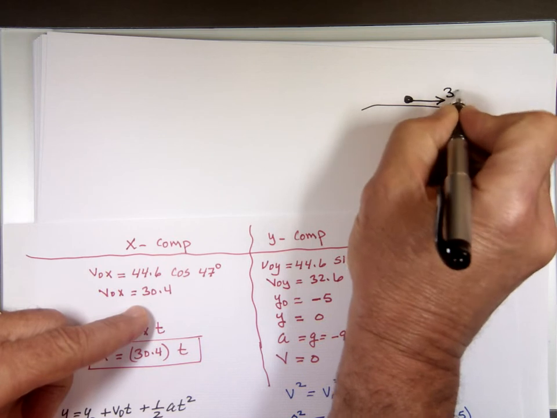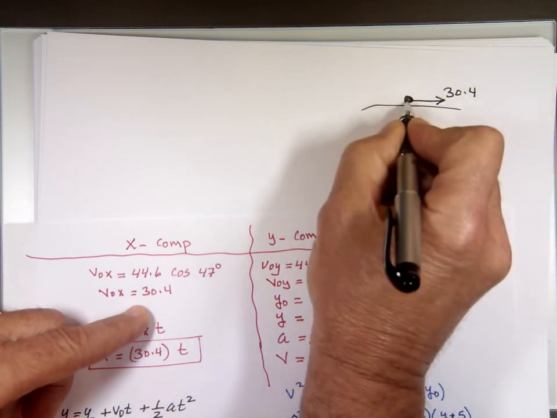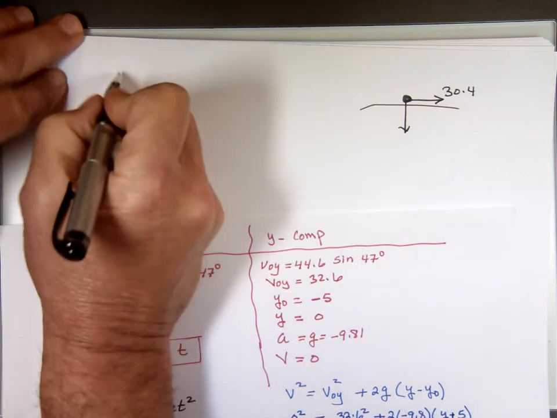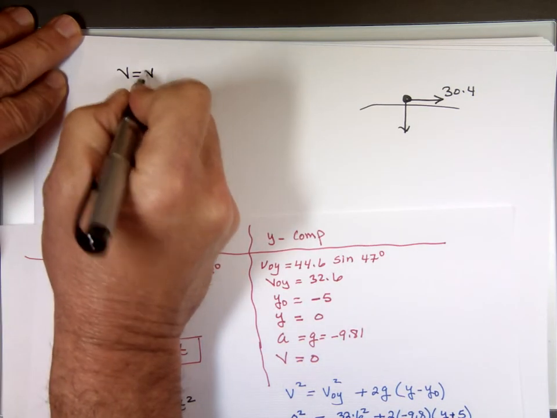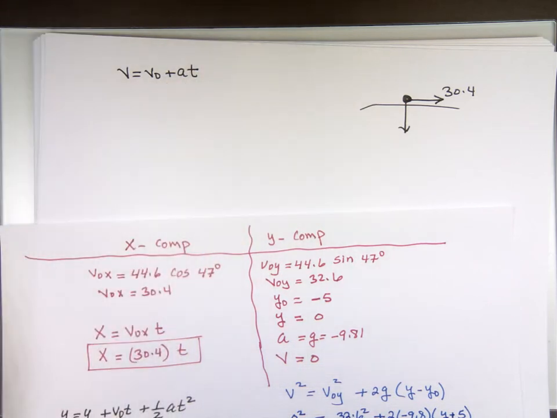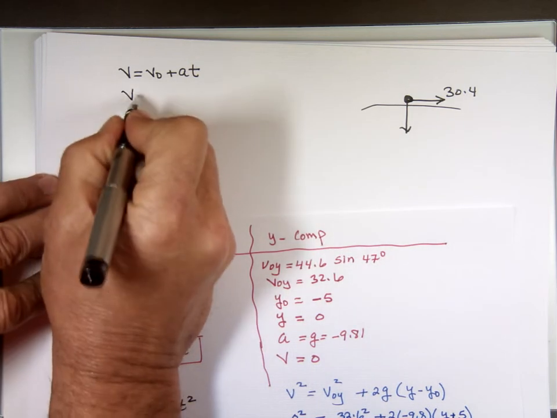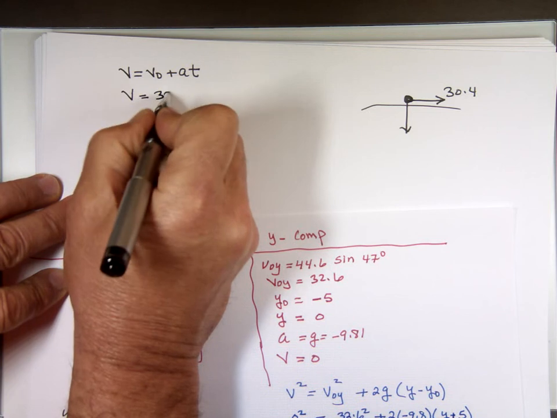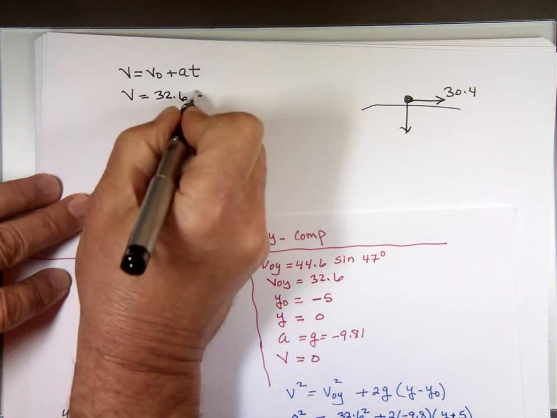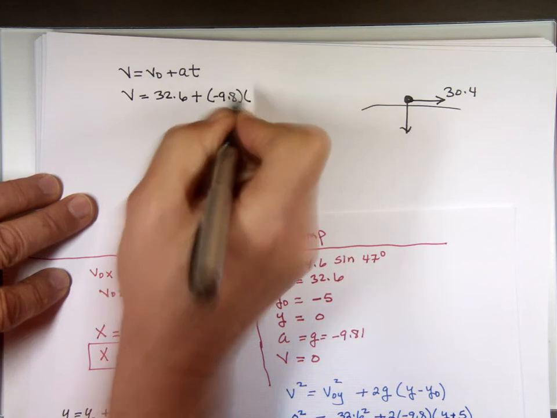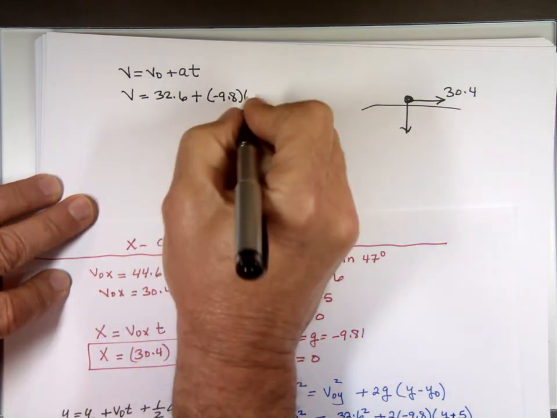What was that velocity? v equals v0 plus at. The initial velocity in the y direction was 32.6 plus the acceleration negative 9.8 times the time, which is what, 6.5?